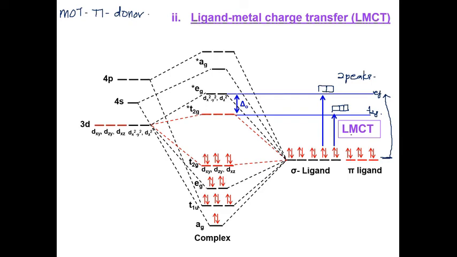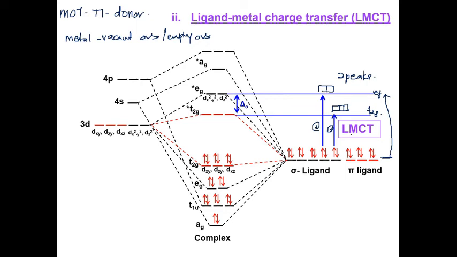Okay, sebab remember again for LMCT, the criteria for the LMCT, the metal has vacant orbital, ataupun kita boleh panggil dia ada empty orbital. Okay, so if the metal has empty orbital at t2g, it must have empty orbital also at eg. So that's why you will see two peaks for LMCT usually lah.